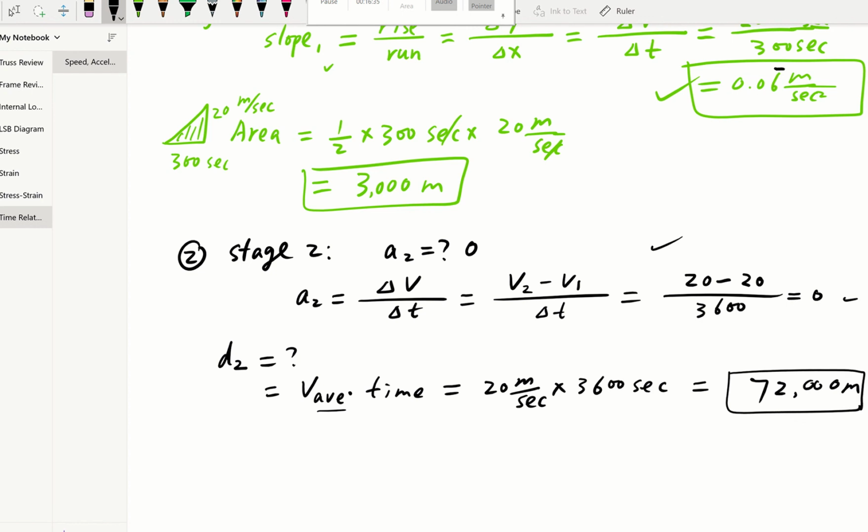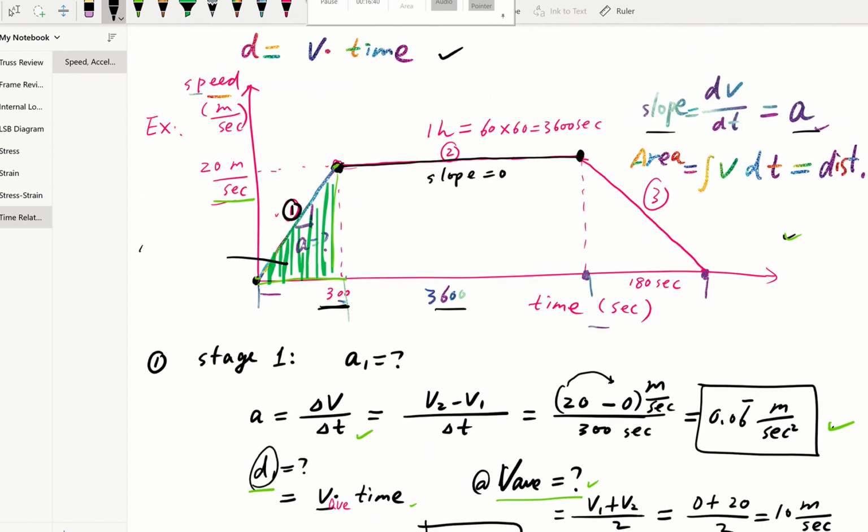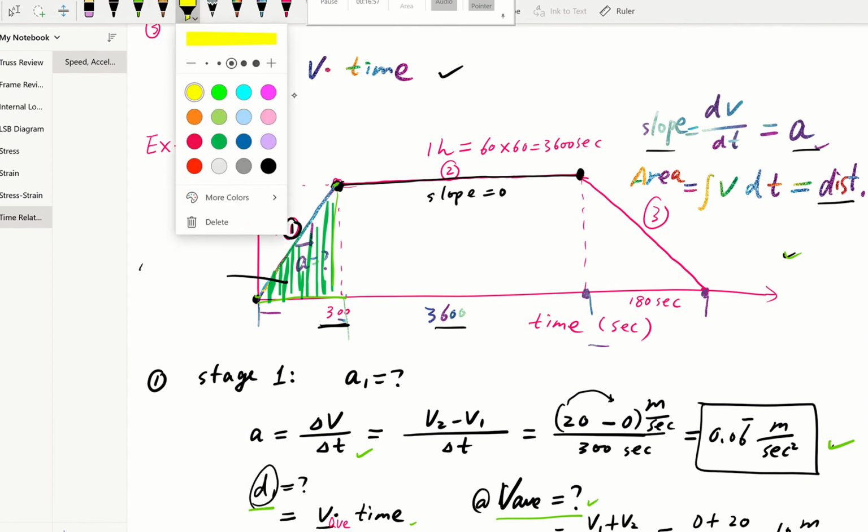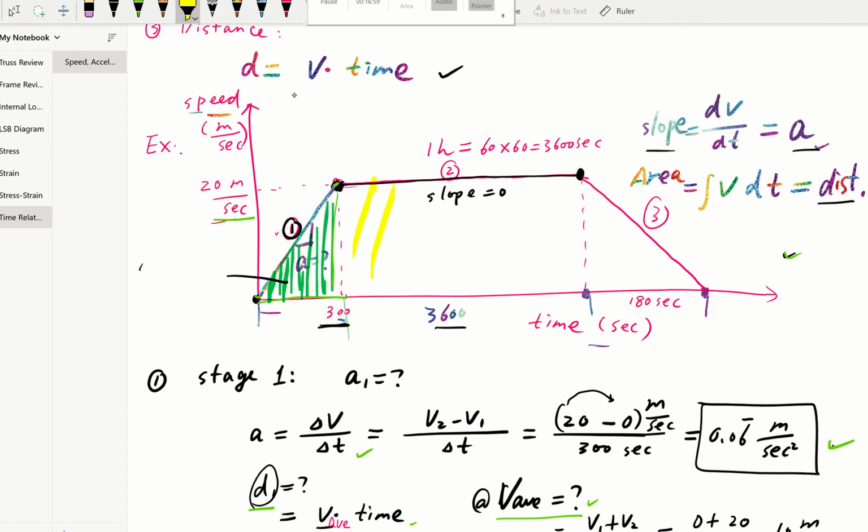Okay, we can use the graphic approach to quickly verify. We learned the distance using the graphic approach is basically the area underneath this curve. And what's this curve? The area underneath the curve is basically this rectangle.